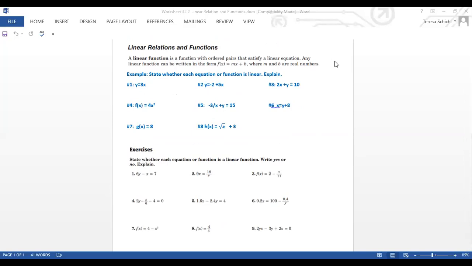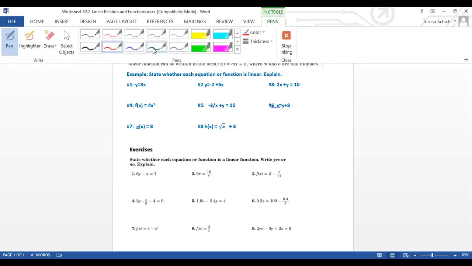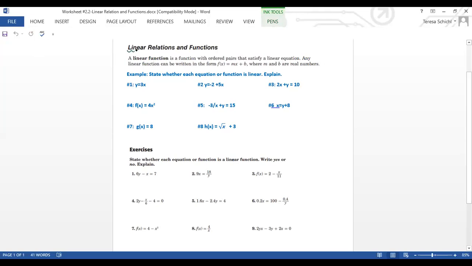So the linear relations, or linear functions, means a linear function can be written in the form f of x equal to mx plus b, where m and b are any real numbers.